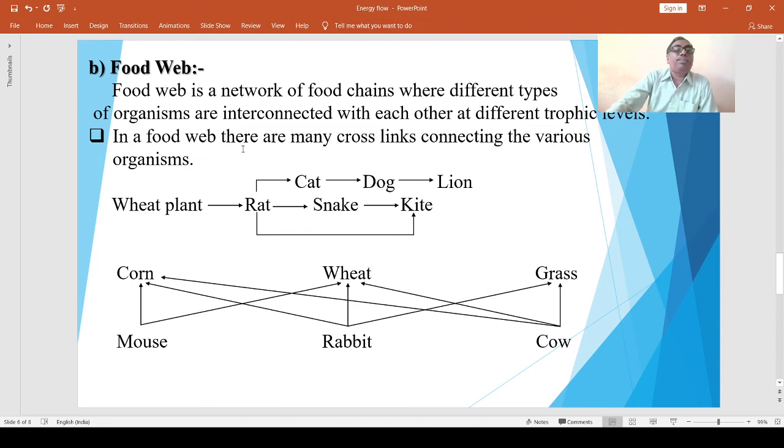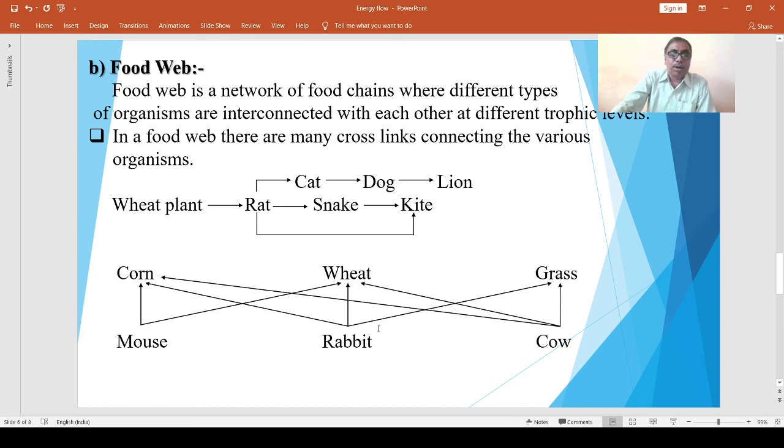In a food web, there are many cross links connecting the various organisms. Most of the food webs are often complex. For example, corn is the prey of rat, rabbit, cow, goat, man, and so on. Therefore, the network of food chains formed by various prey and predators is the food web.